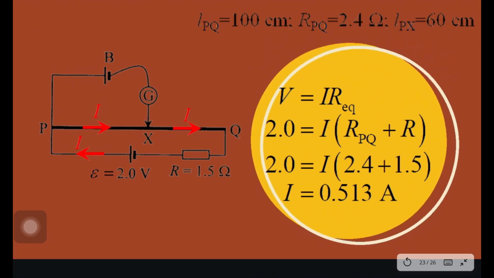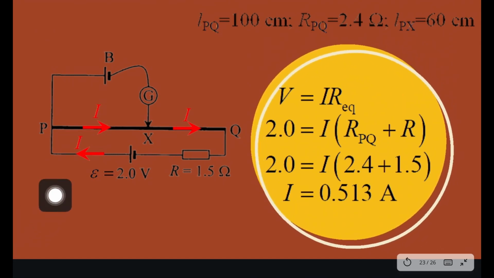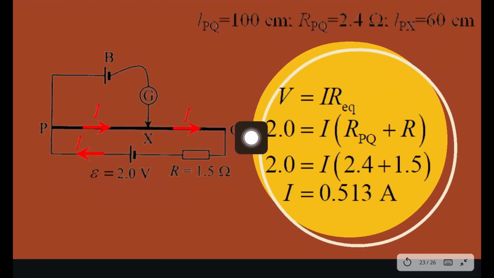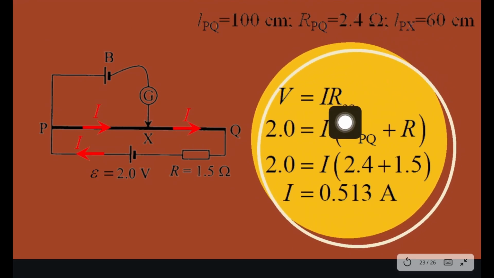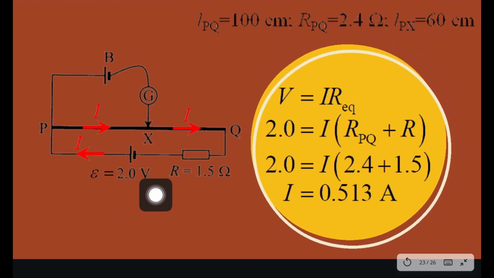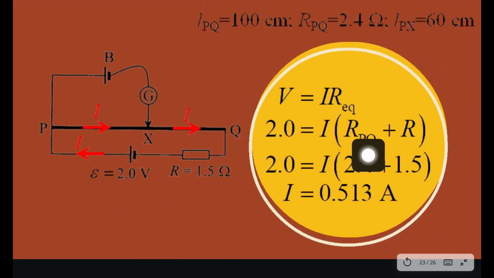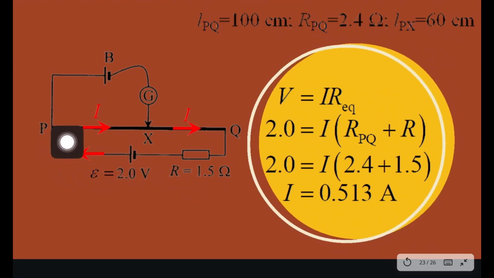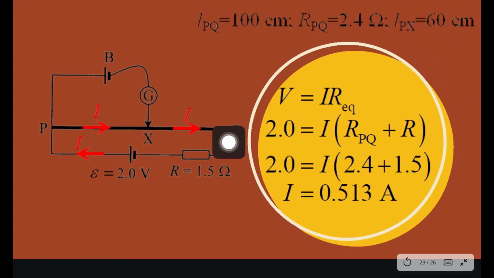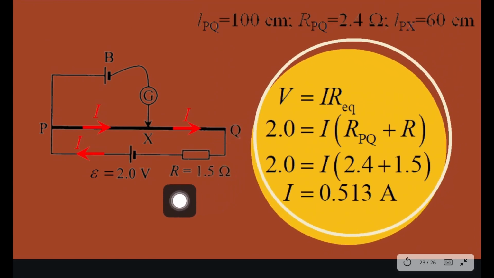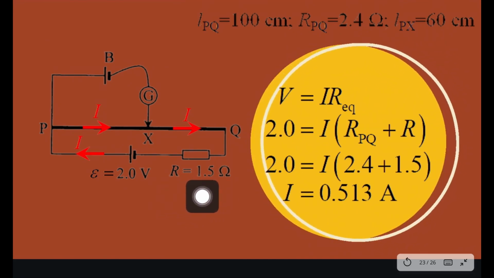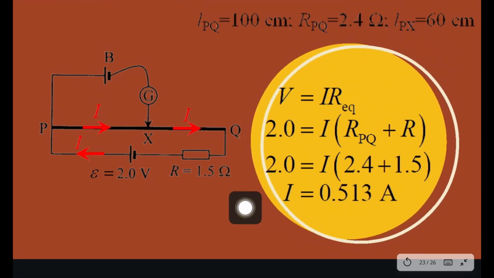Before we find that VPX, we are going to find the current passing through this potentiometer first, where we apply Ohm's law. V equals I R equivalent, where V is equals to 2 volt, and R equivalent is, from the battery, we have R passing through PQ, which is 2.4, and we have another R, which is the external resistor, that is equals to 1.5.